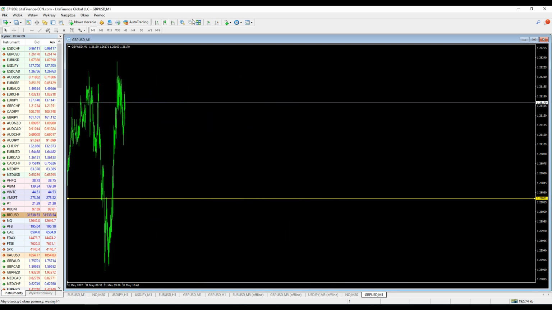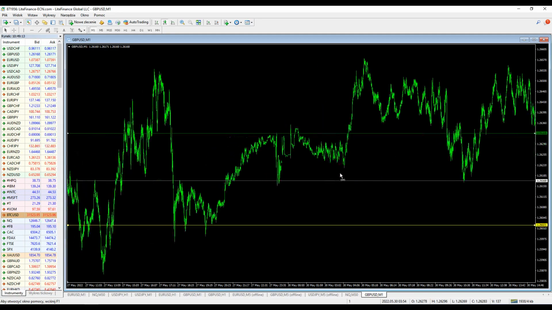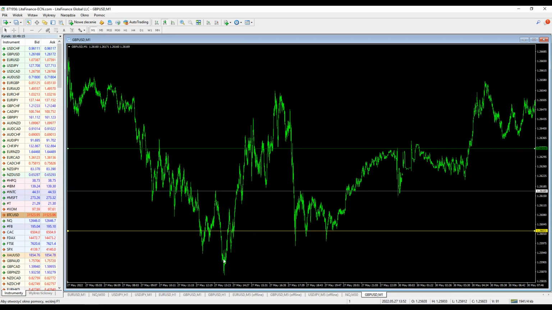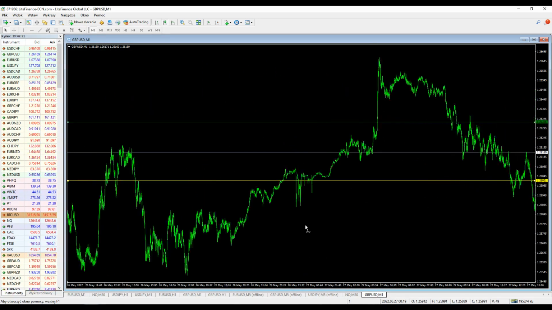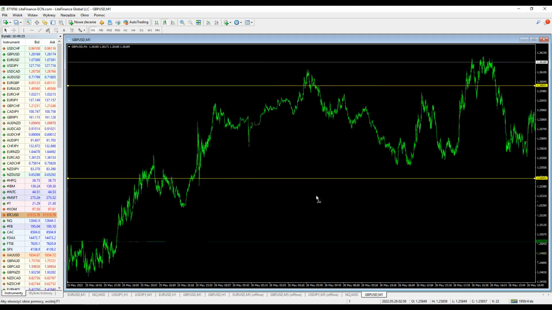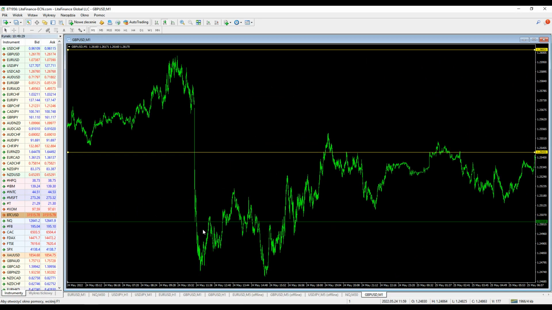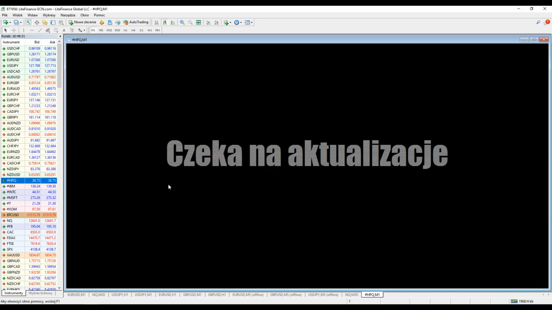If we go more, V formation as well, retest, and the long side, right? But I want to show you the break and the retest after the break.